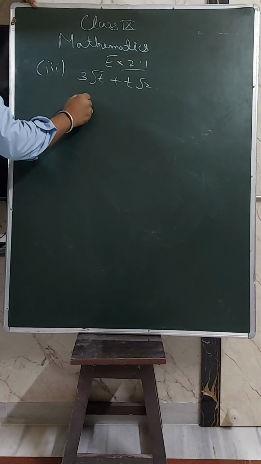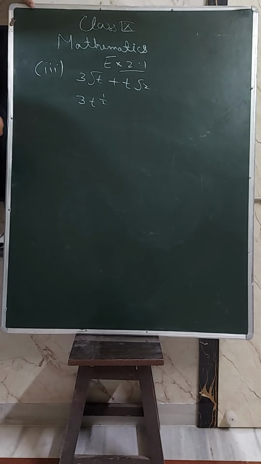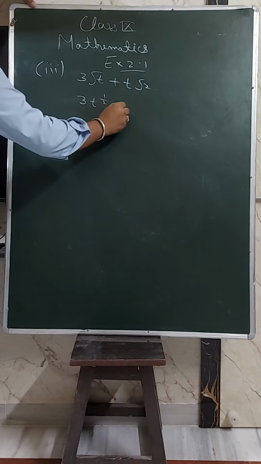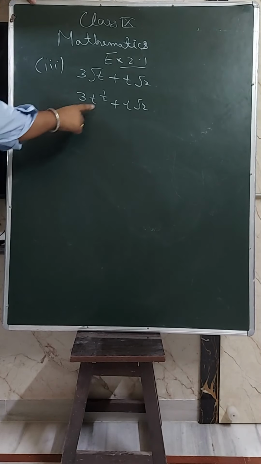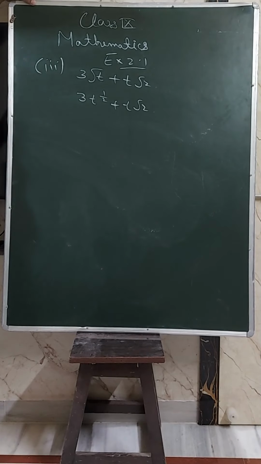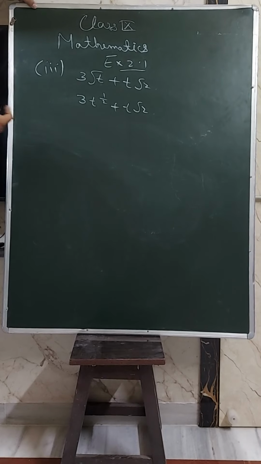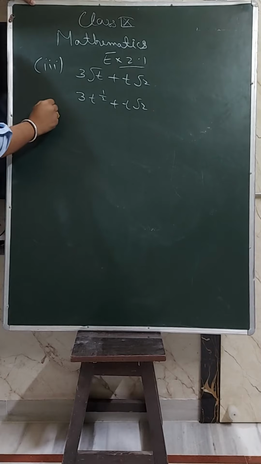Root is there. So I can write root in the form of half. Root means power is half. Plus t root 2. Now we know that it is one variable, but the power is not a whole number or natural number. See what I said, power 1, 2, 3, 4 like that, but not a fraction. So this is not a polynomial.